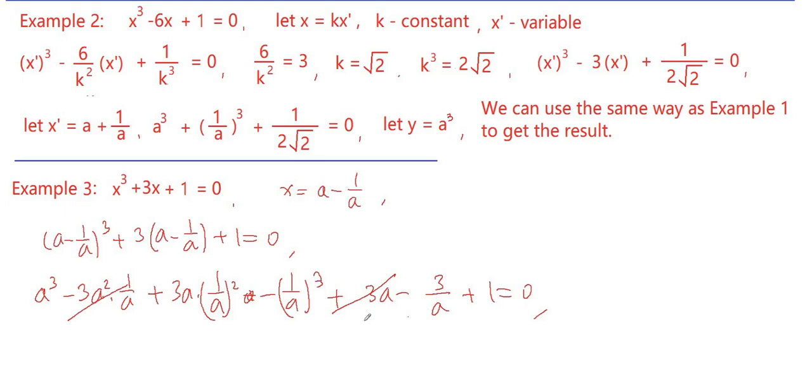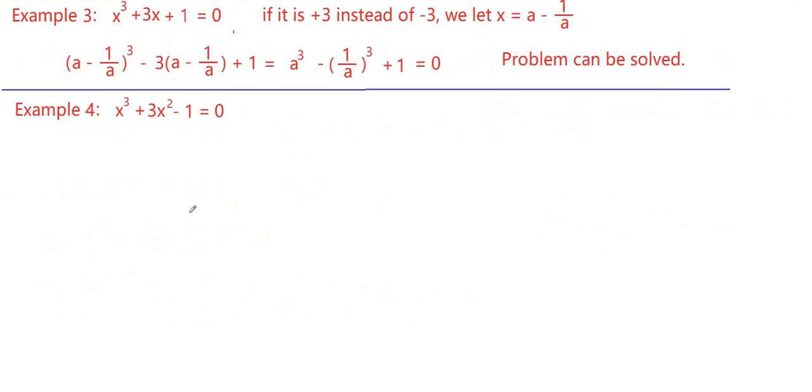And 3 divided by a is off. So we will get a cube minus 1 divided by a cube plus 1 equal to 0. This is also a very easy equation to be solved.